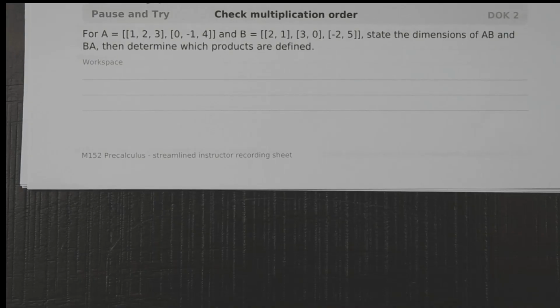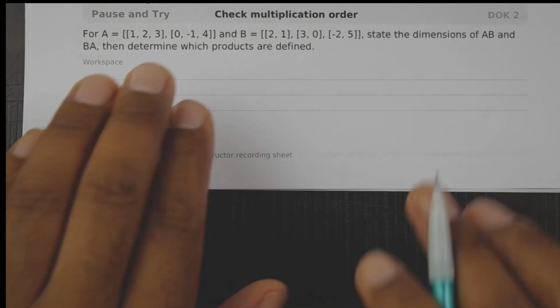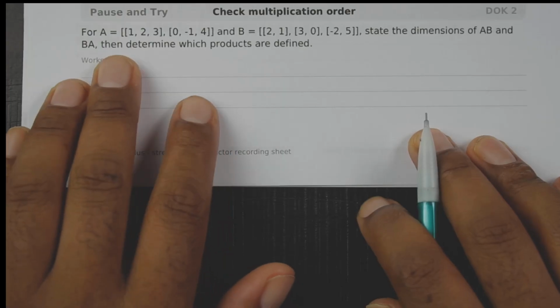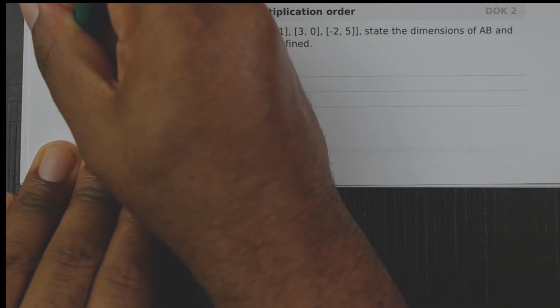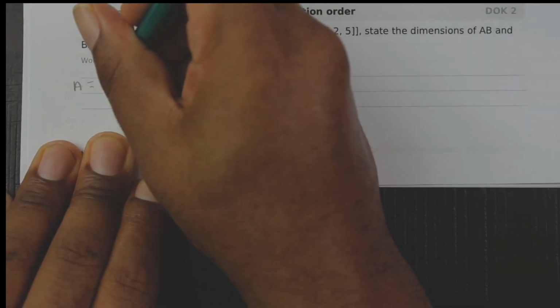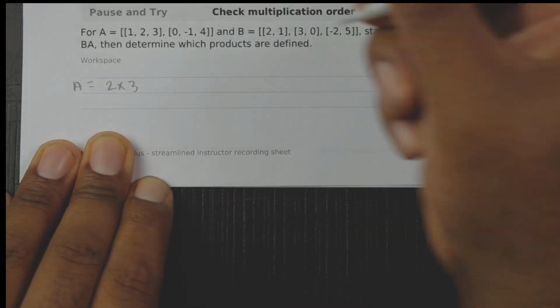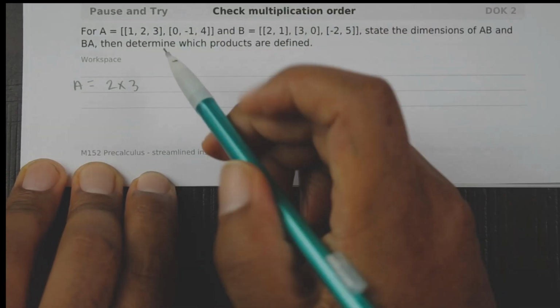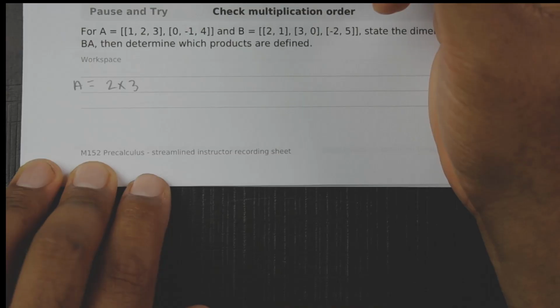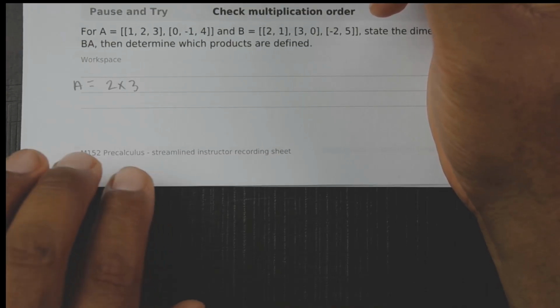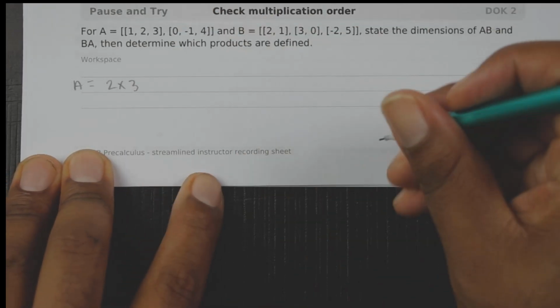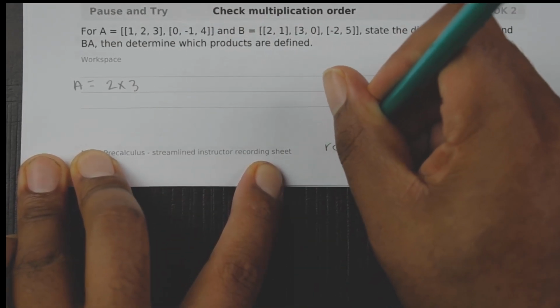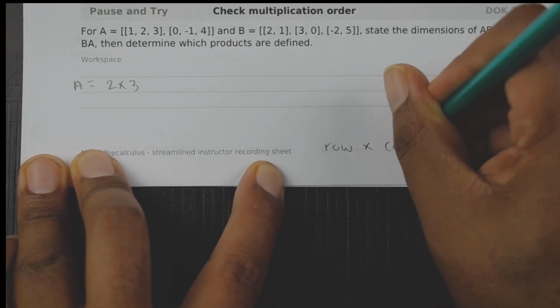Okay, so for this problem, we need to start with the dimensions of A. A has 2 rows and 3 columns. So A is 2 by 3, right? 2 rows, 3 columns. You always want to look at it from that perspective. So in multiplication, it's row by column.